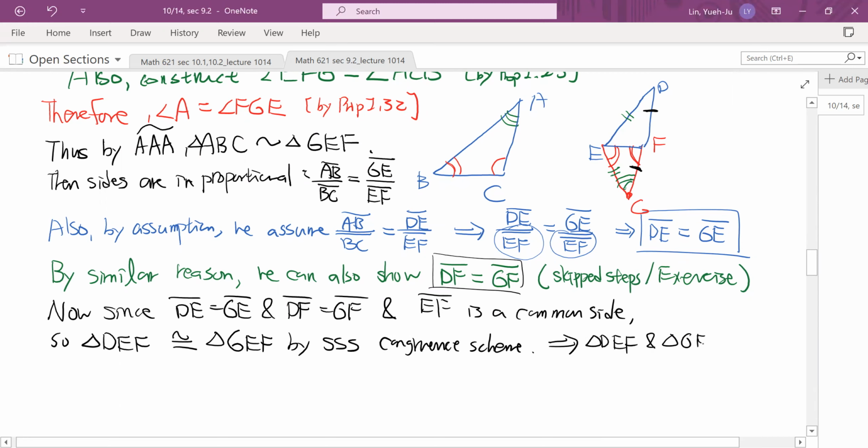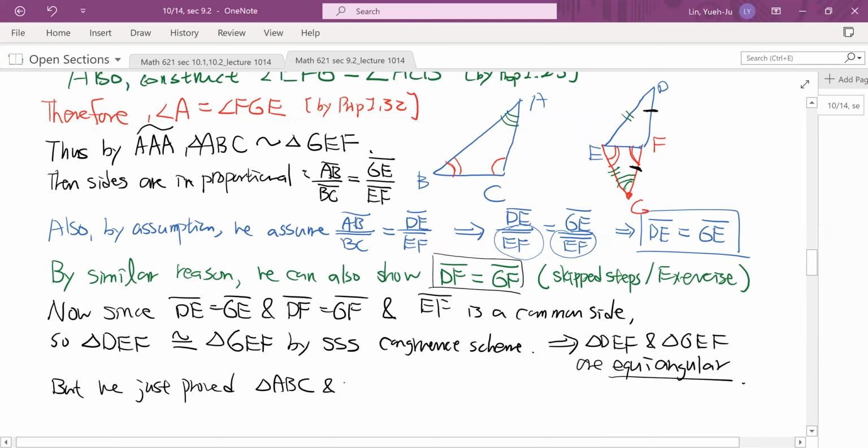So I would say DEF and GEF are equiangular, right? All the angles are equal, right? But we also proved that ABC and GEF are similar. So we just proved ABC and GEF are similar.